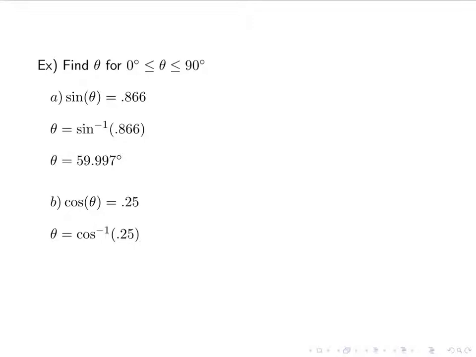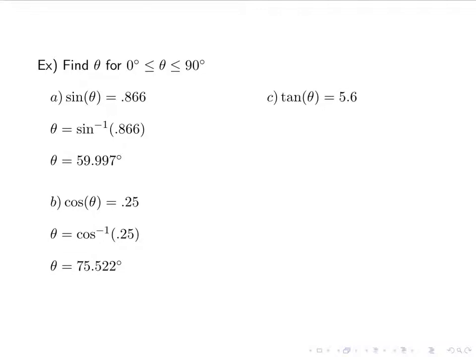And again, I can plug that directly into my calculator, and I get out that theta is 75.522 degrees. Again, it's very, very important that you remember the degrees because you are looking for an angle. And later on in chapter 8, we'll see angles that are not in degrees. So it's very important that you know that your angle is degrees and you put that degree symbol.